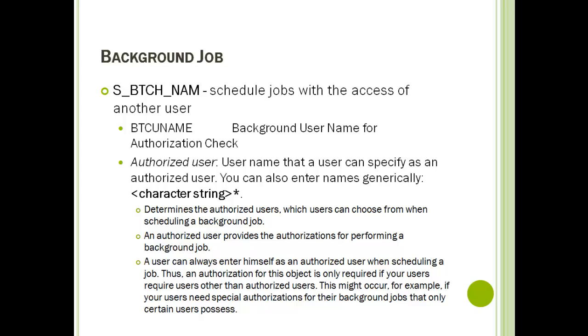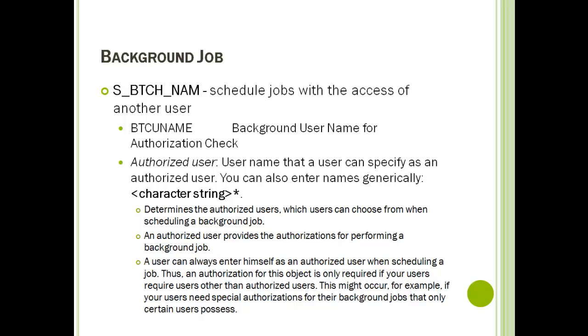In that kind of scenario, what we will do is create a background user, some user with a system user type, which we have seen initially. This background user will have more authorization than the normal user. Using this background user, you cannot log into the system.